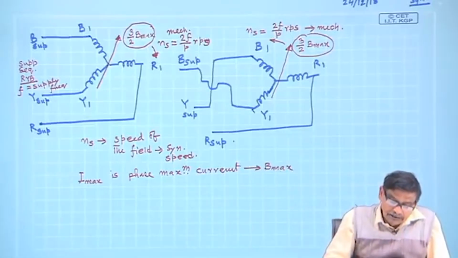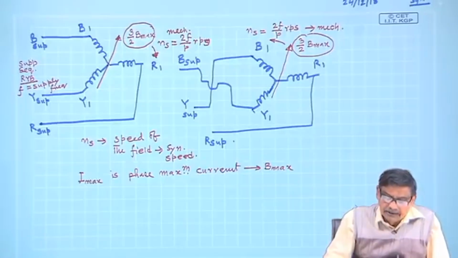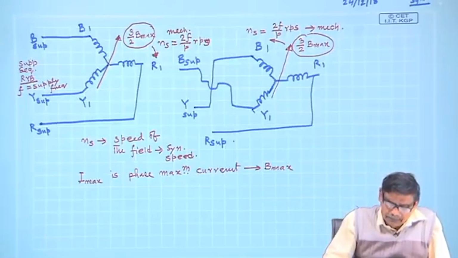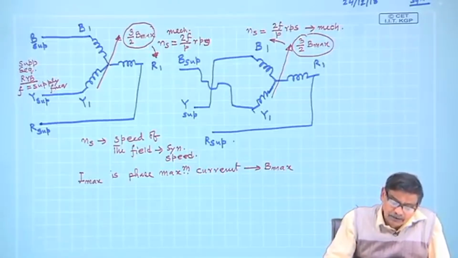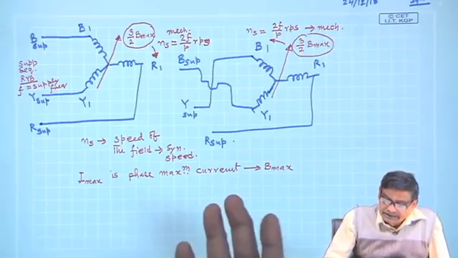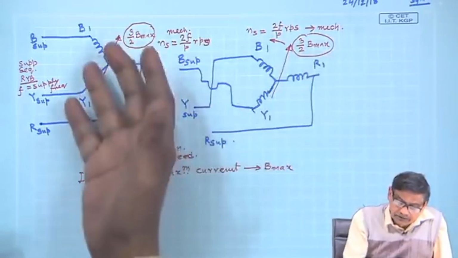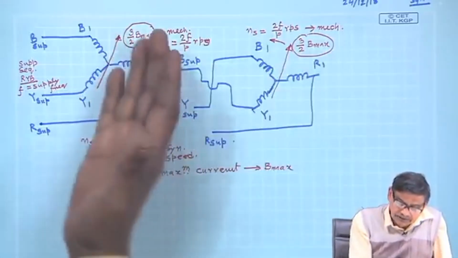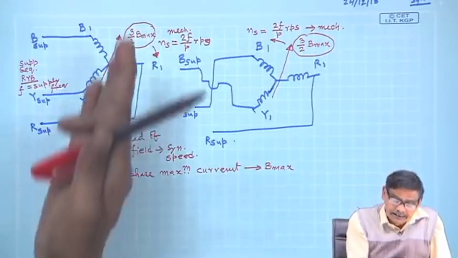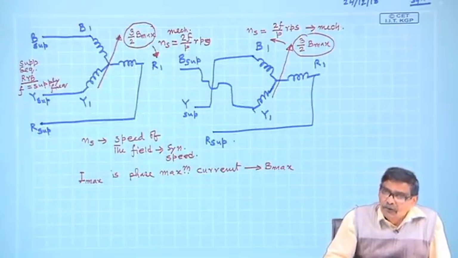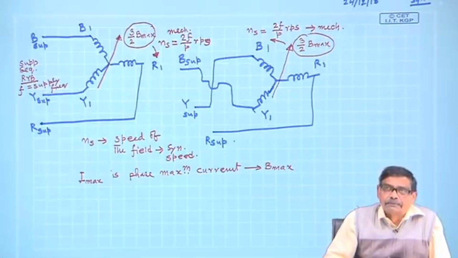Achha, now one important thing I will tell, which is important in the sense that suppose right at this time it is rotating after all. In one of the cases you consider, suppose this one, it is rotating. Right now, where is that resultant field? Okay, I cannot see that resultant field, nothing.